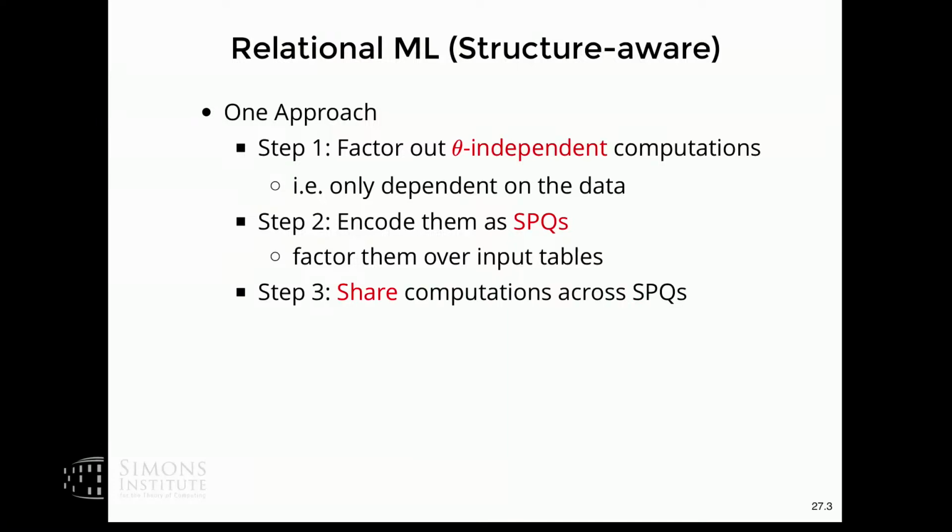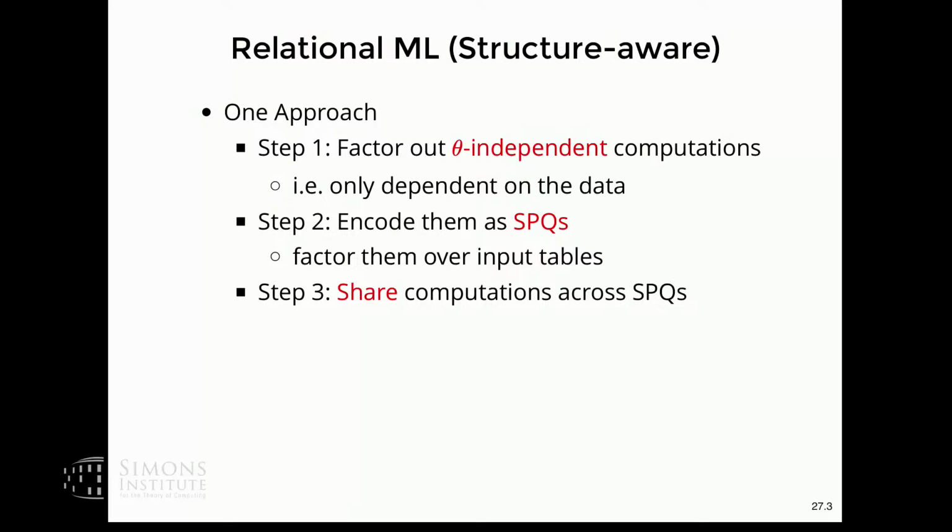Even better, when we have a bunch of SPQs, as we will see shortly, many of these SPQs are going to share some computation. So we don't really have to solve them independently. We can reuse some components of these SPQs to help one another, reducing the overall cost. So let's substantiate now each one of these steps one at a time.